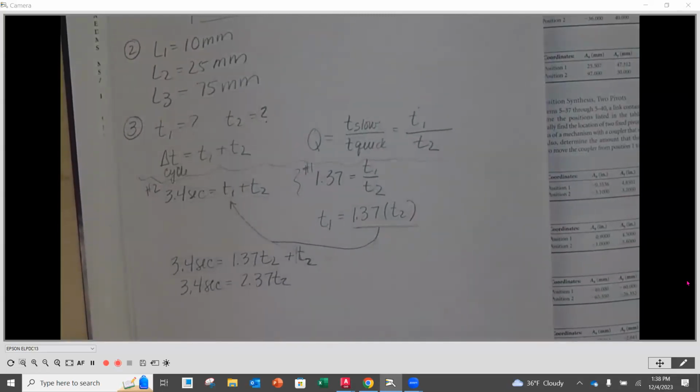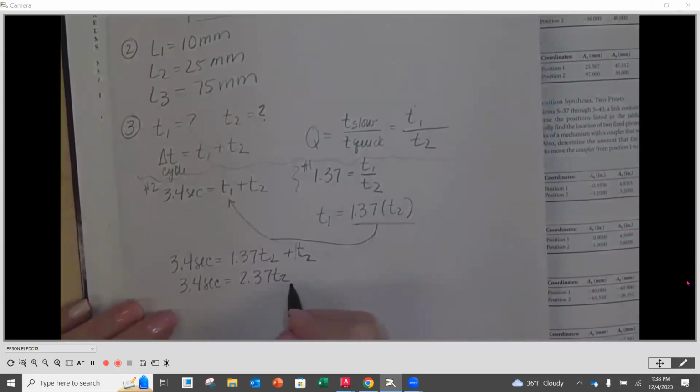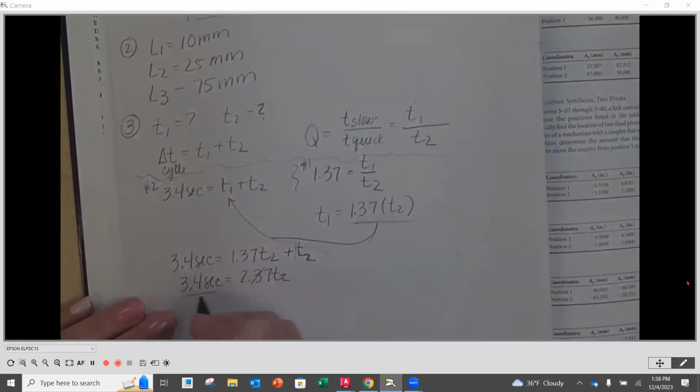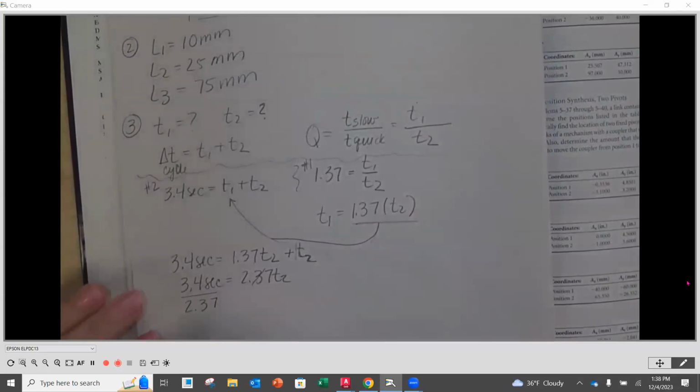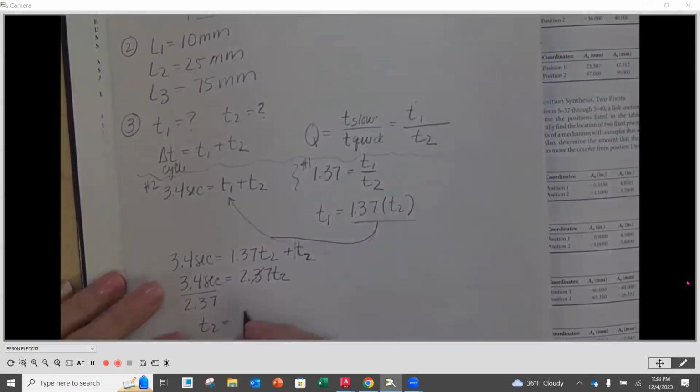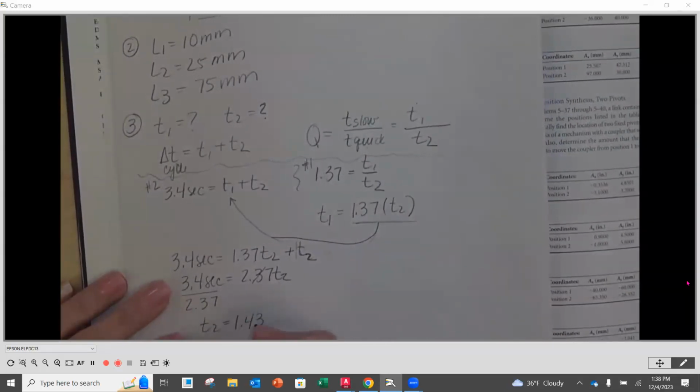I know, sometimes if you haven't thought about that in a while, it's easy to forget. So now T2 is my only unknown variable, right? So I'm going to divide both sides by 2.37. And I'll get 3.4 divided by 2.37, and my T2 is going to equal 1.435 seconds, right?